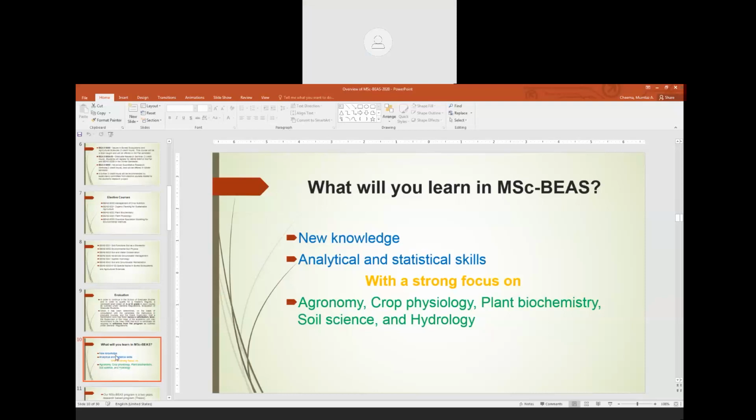And while passing through all these phases, once you start your research, you will learn a lot of things, starting from the layout of your research project through to conducting your experiments, whether lab experiments or field experiments.